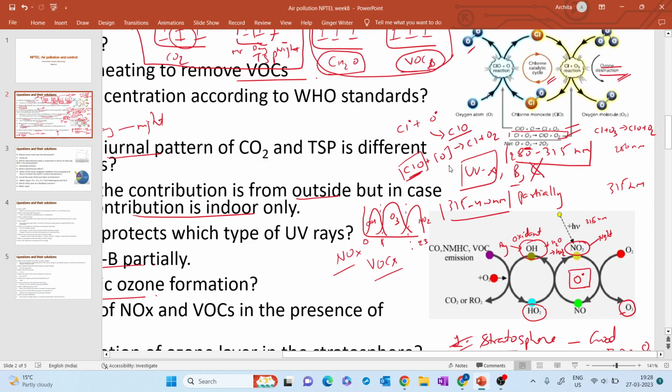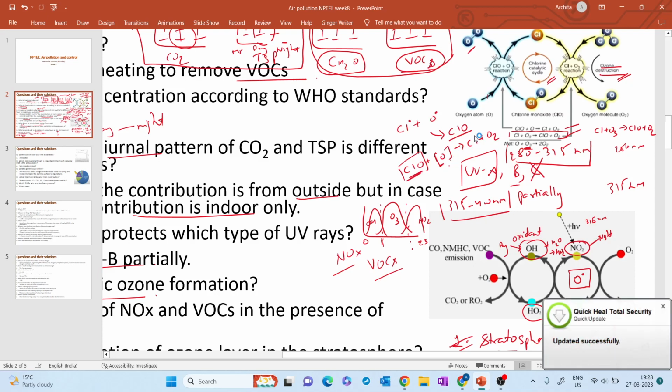This ClO further reacts with the atom. Generally this sign is used for the atom to show that it's a single atom. So ClO reacts with the oxygen atom and gives chlorine plus O2. This reaction is the second way of ozone depletion.